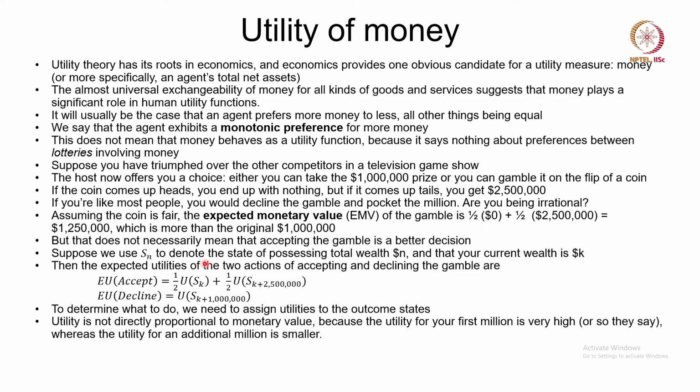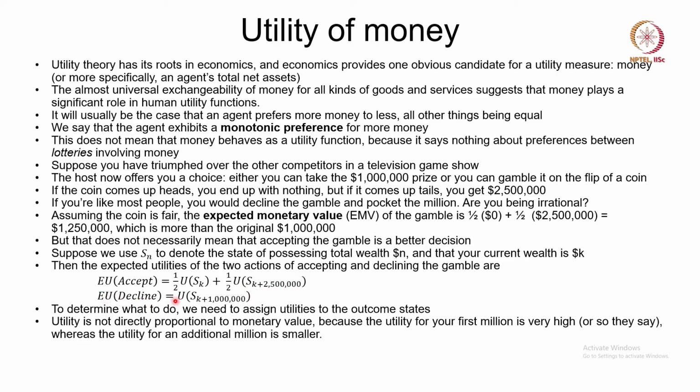Suppose S_N denotes the state of possessing wealth N. Then you could write the expected utility of accepting as half U of S of K, where K is your current wealth, plus half utility of S of K plus 2.5 million.